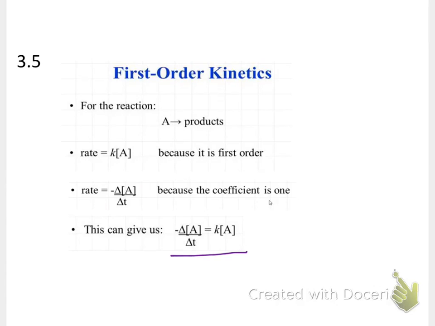Now, if we do that, and if you know some calculus, you could derive the next equation I'm going to show you. Now, I don't expect that you know calculus, that you have to know how to do this, but I will show you that this will look similar.